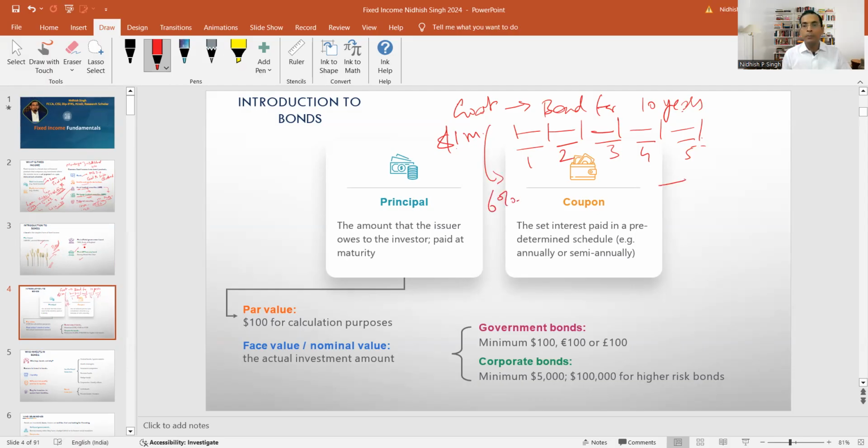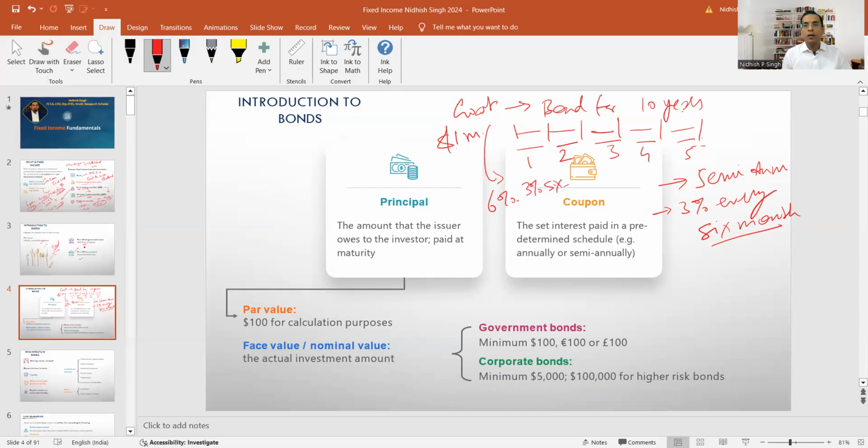And that coupon will be paid semi-annually, which means 3% every 6 months. So 3% of coupon will be paid every 6 months.